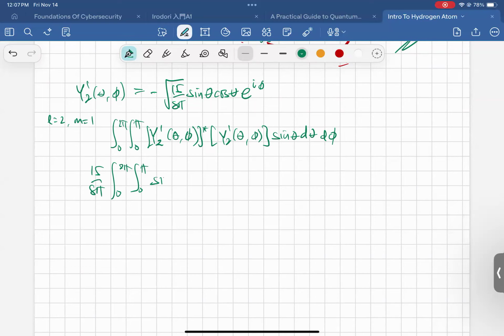And then sine theta, cosine theta, sine squared theta, cosine theta, kasi may sine theta ka pa dyan. Tapos, this will give us exponential negative i phi, and this will give us exponential positive i phi. So mawawala yung exponential, ang matitira na lang is d theta and then d phi.